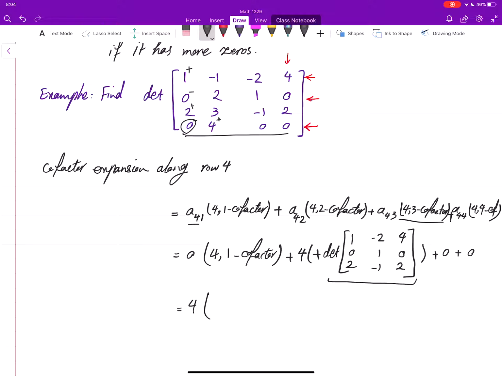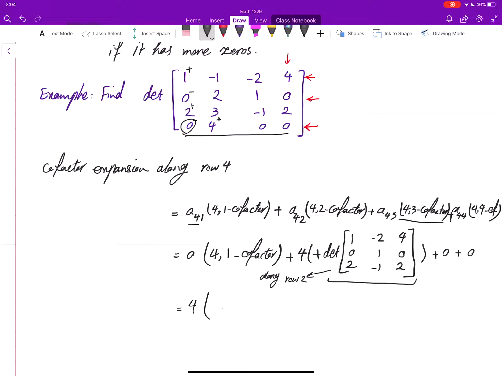So for this 3 by 3, now I can choose any row or column. So we choose to expand this 3 by 3 along row 2. You see row 2 has 2 zeros, so that's a better choice.